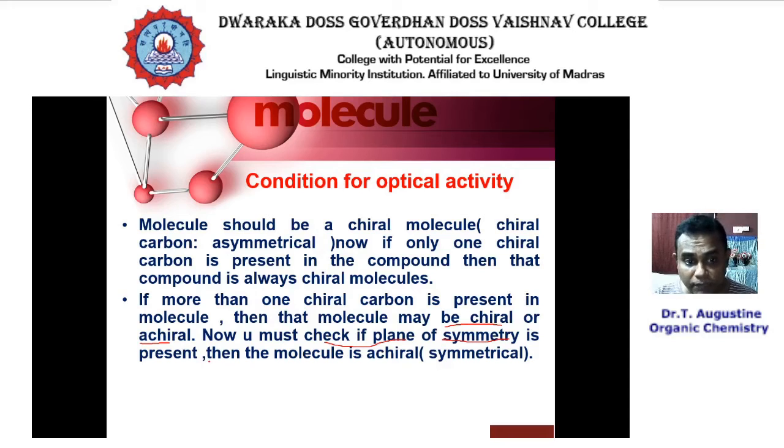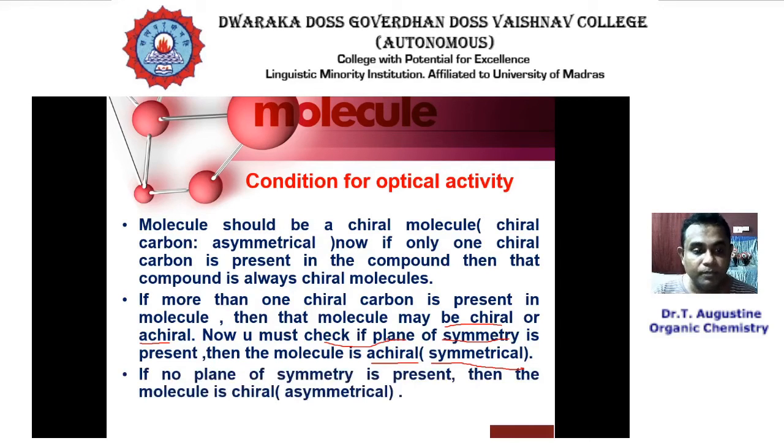If a plane of symmetry is present, then that particular molecule is symmetrical, or achiral, and the molecule will be optically inactive. If no plane of symmetry is present in molecules containing more than one chiral carbon, then the molecule is chiral or asymmetrical.